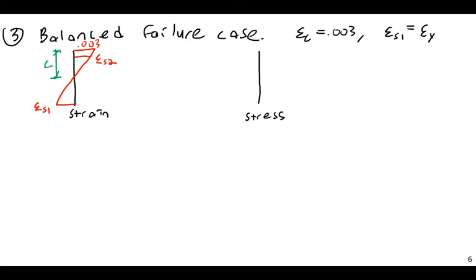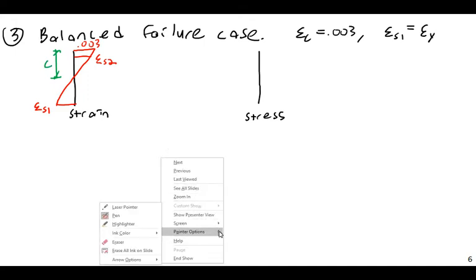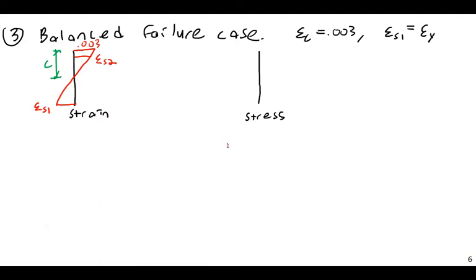And then I want to look at this from the point of view of stresses, or at least I should say stresses. Here, I'm going to have an fs1 and an fs2.